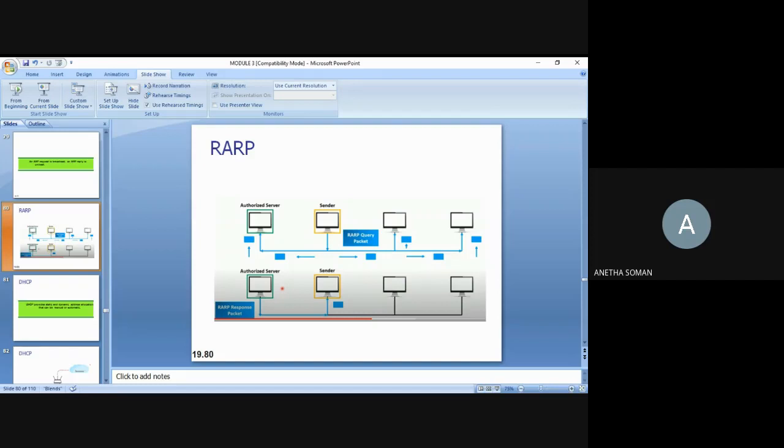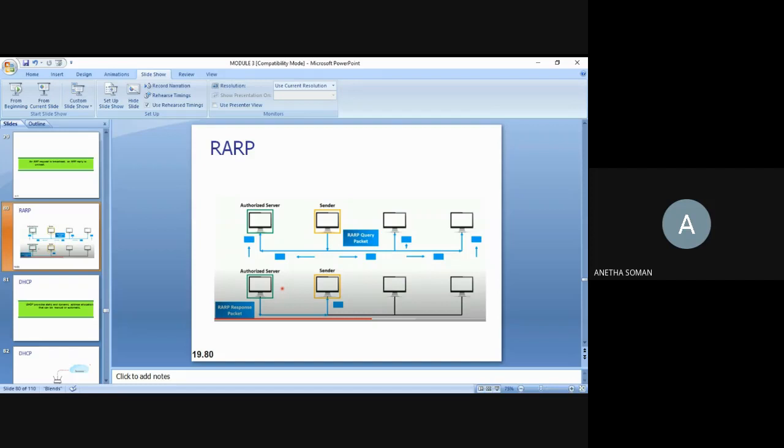Now this RARP request packet contains the physical address of the sender. In ARP, the packet contained the physical address and the logical address of the sender and the logical address of the receiver. But in the RARP protocol, the packet contains only the physical address of the sender.